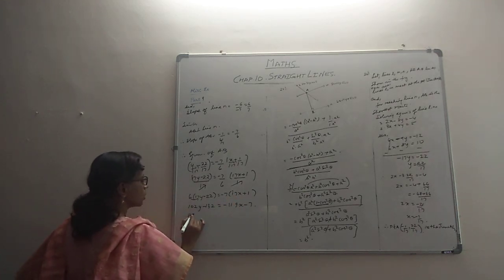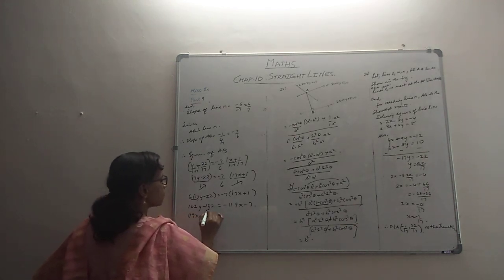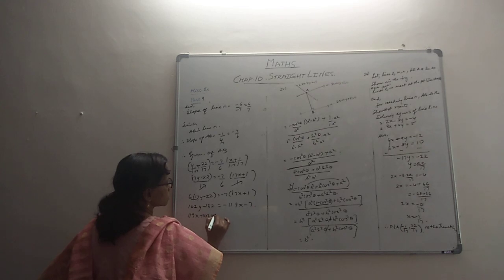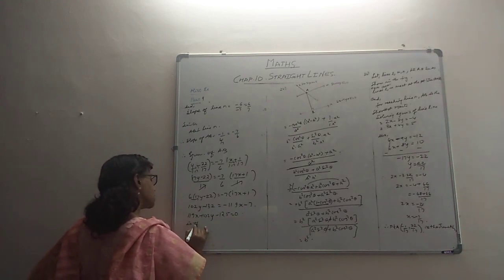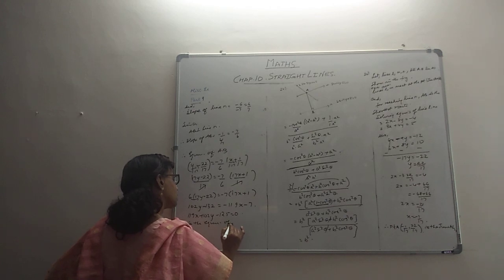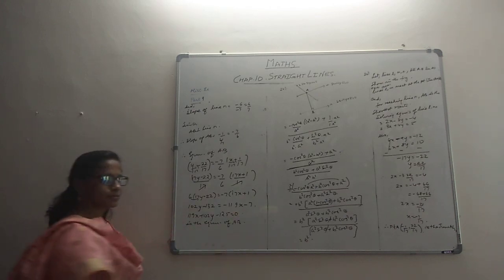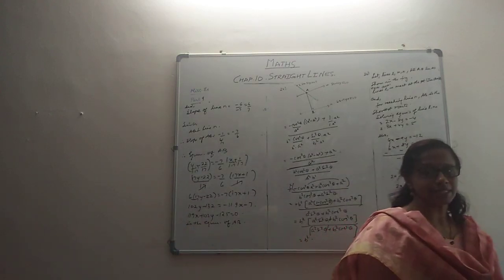Everything on one side: 119x plus 102y plus 7 minus 125 equal to 0 is the equation of AB, the shortest route.